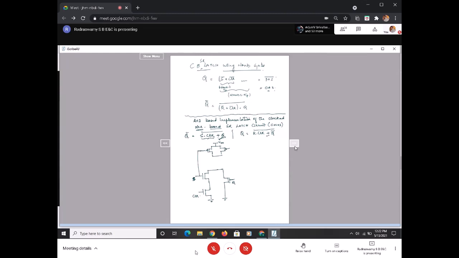This is my S. This is my clock. This clock and this clock are the same thing. So S and clock, in series in the N structure, are in parallel with Q, and at the top, S and clock in parallel should be in series with Q now.